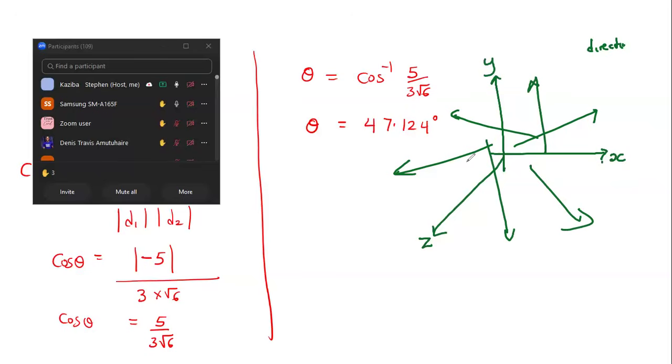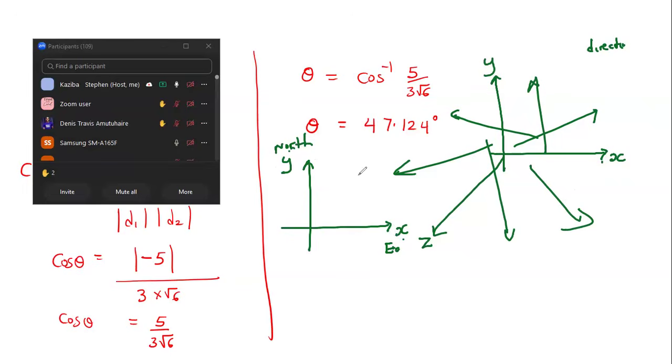X, Y, and Z are the standard directions. On our XY plane, we can have the X and we can have the Y. This direction here is what sometimes you call the east, and this one can be your north. But these are not the only directions we have. You can have northeast here.